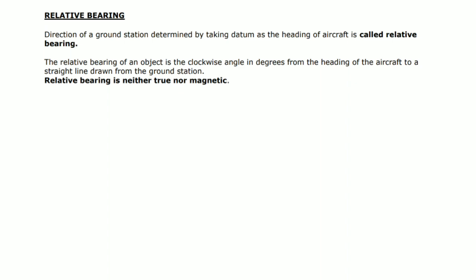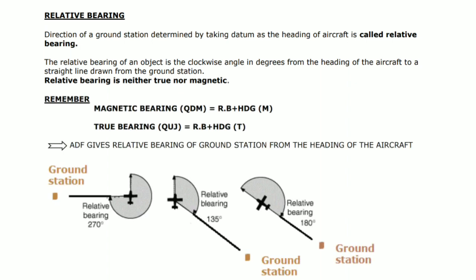The relative bearing of an object is the clockwise angle in degrees from the heading of the aircraft to a straight line drawn to the ground station. Relative bearing is neither true nor magnetic nor compass. Remember some terms: magnetic bearing, that is called QDM, equals relative bearing plus heading magnetic.